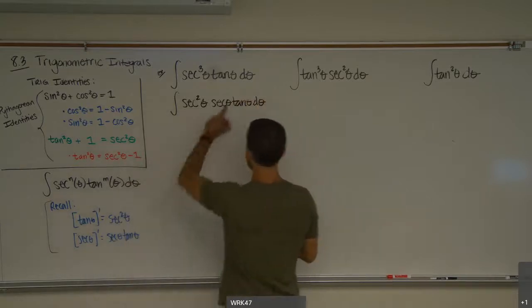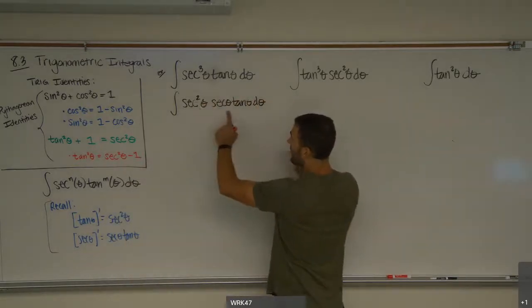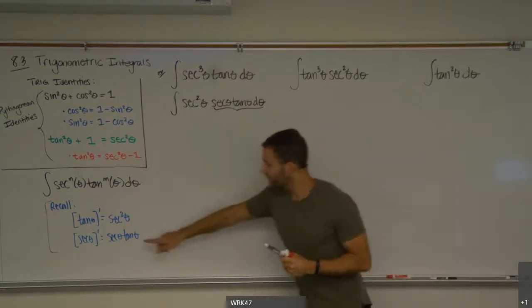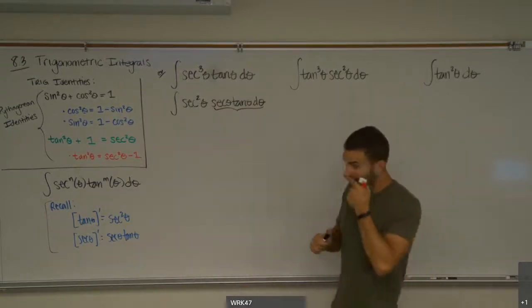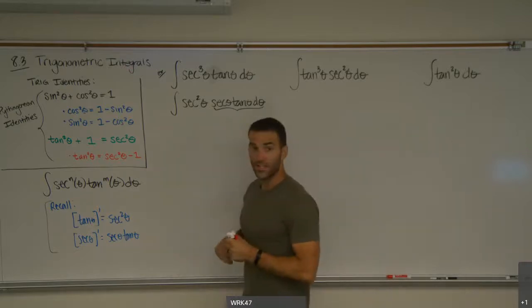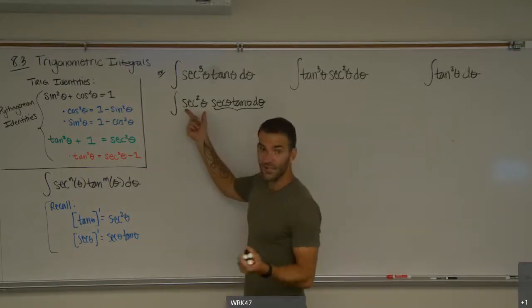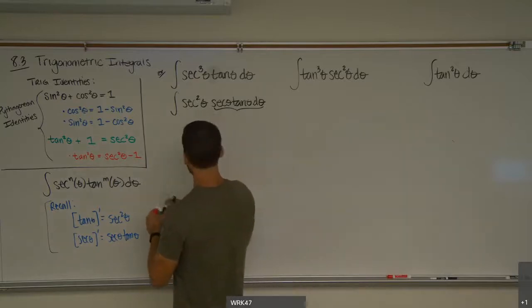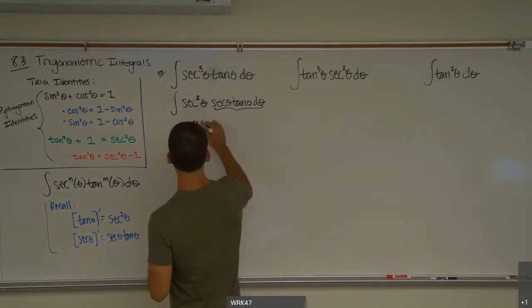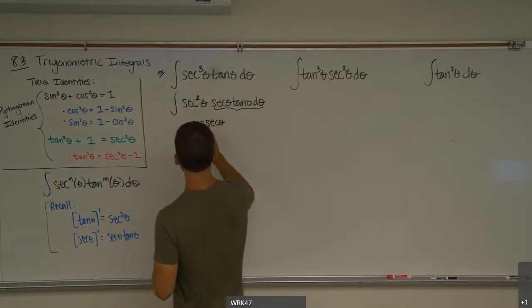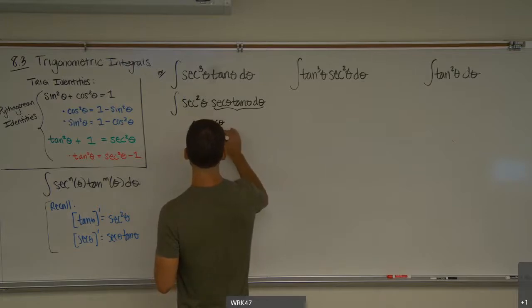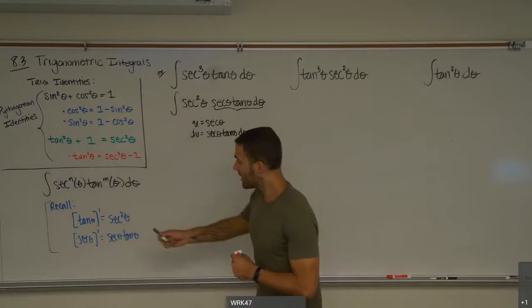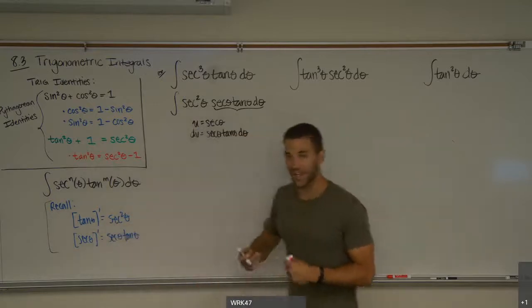Because I have a tangent here, and if I pull one secant away with it, now I have the derivative of secant multiplied into this integral. That's great, as long as we replace the rest, and we have only secants left multiplied in. So if I want to replace secant by u, we can do that now, because we have its derivative multiplied in. So we just want to keep an eye out for that. Just like sine and cosine, we need to be comfortable with the derivatives of tangent and secant as well.